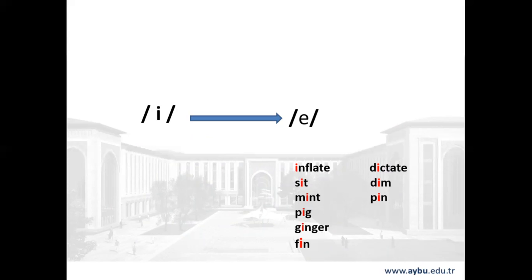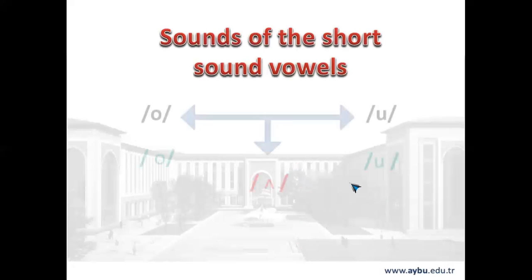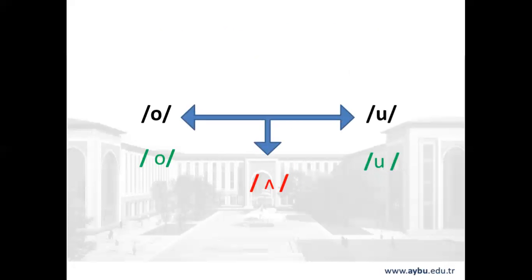Notice the difference between the name of the letter and the sound of the letter. I is being pronounced E, as a short sound. Good. Now let's look at the last two vowels as a short sound.